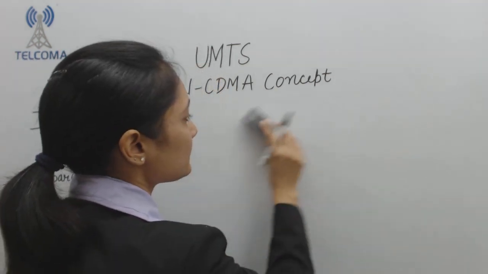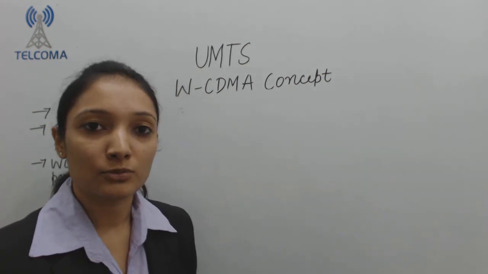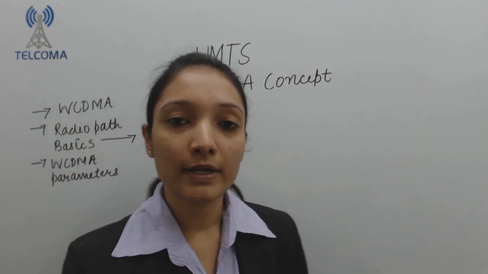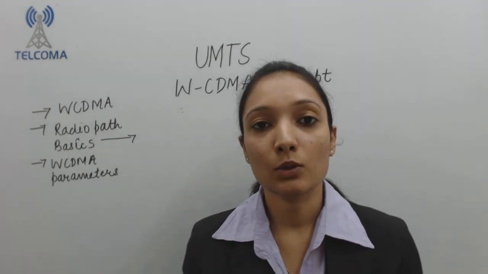So this is the concept of CDMA. It is based on the spreading of the information signal. And how are we doing the spreading? We are spreading our signal with the help of some spreading sequence.